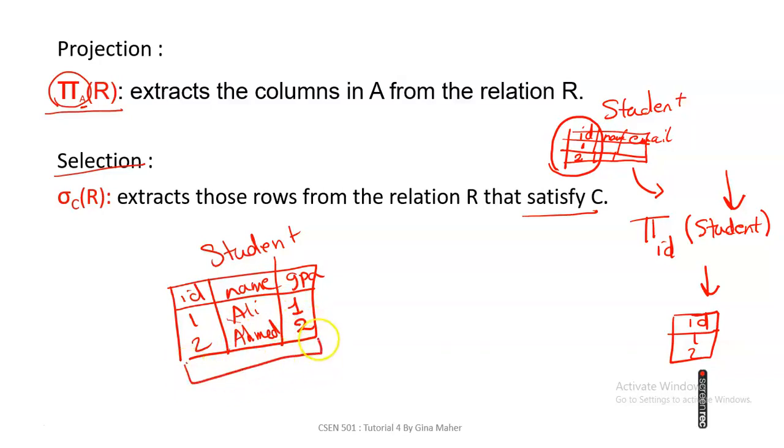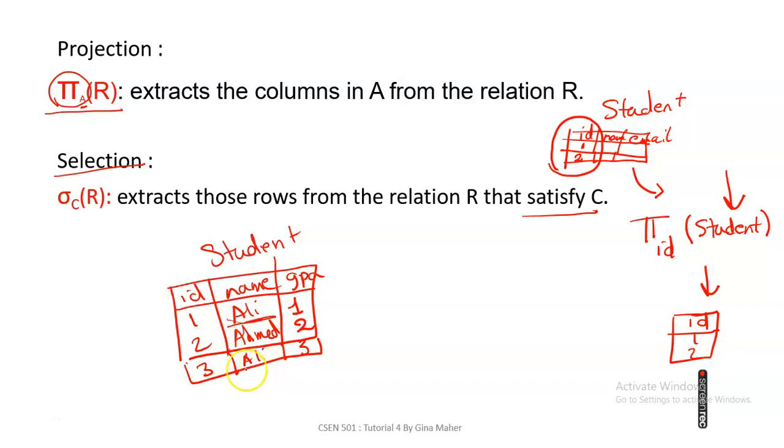Let's assume that we have another tuple here, Ali, GPA 3. What if we want to extract from this relation all the students who have Ali as a name?